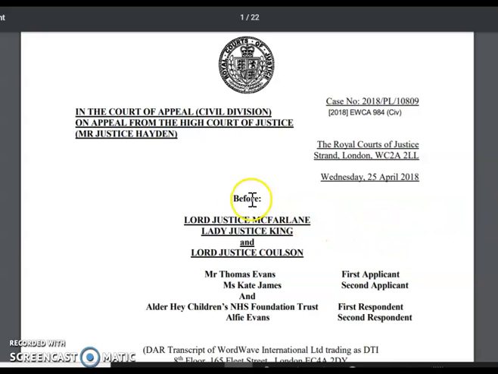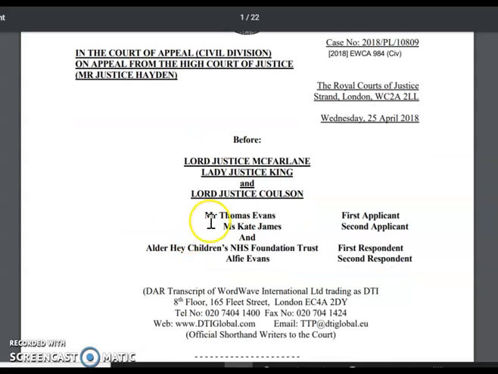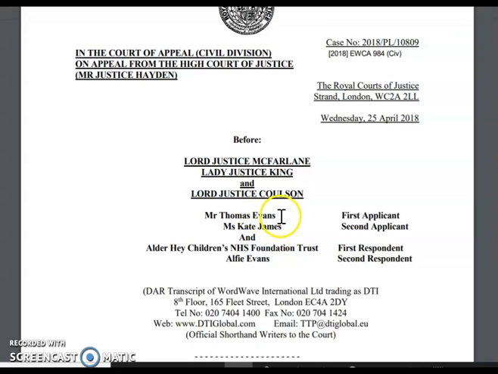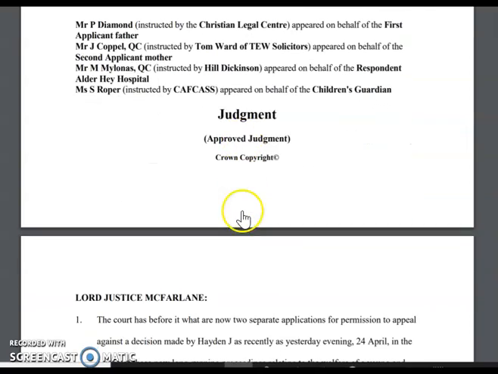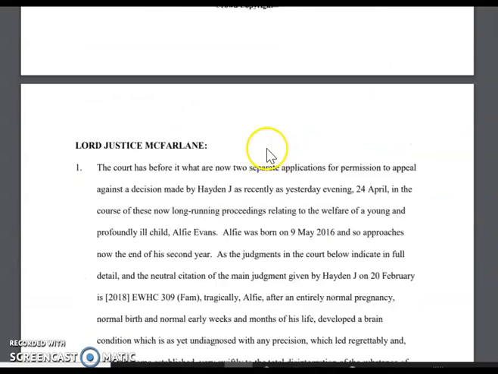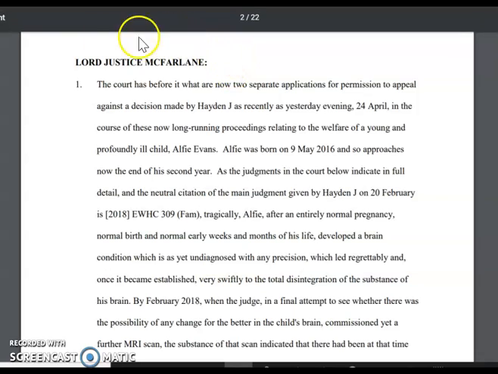So you can see here, these are the justices or the judges that were in the case. And we've got here Tom Evans, which was Alfie's dad and Alfie's mum here. And you can see that they were bringing a case, as we know, against Alder Hey Children's Hospital. And if I scroll down, I can show you the judgment here. So we've got the judge on the case, Lord Justice McFarlane.